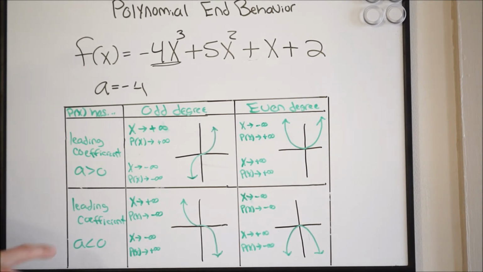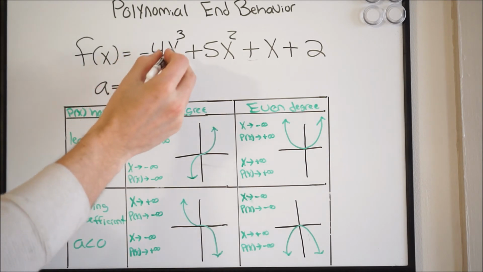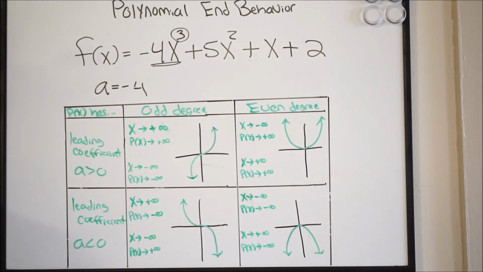The leading coefficient is less than 0, yes. Then we determine, is it an even or odd degree? In this case, it's going to be odd. So our graph will have an end behavior such as this one. To read it, as x approaches positive infinity, the function will approach negative infinity. And as x approaches negative infinity, the function will approach positive infinity.